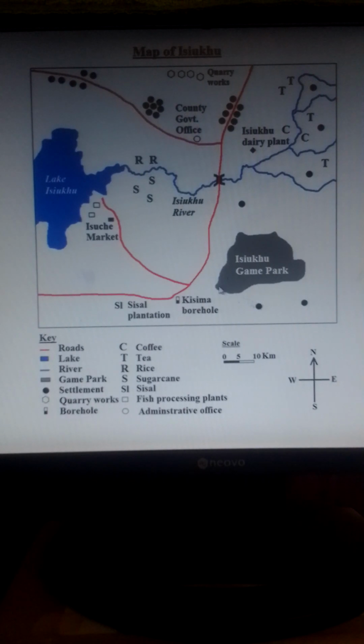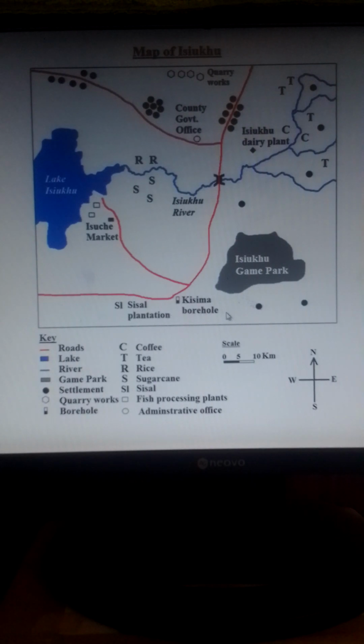So in this southern part of the map, in this area, we have sisal plantations here, we have a borehole here, and that shows that this area has got a hot and dry climate, right? Because of the activities here, sisal plantations, boreholes, and so on.